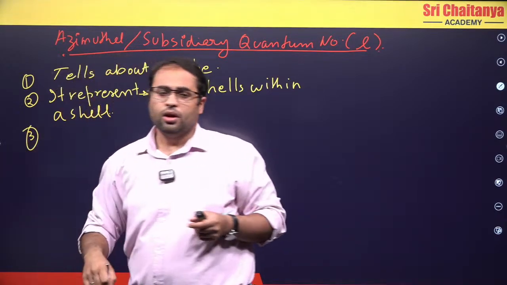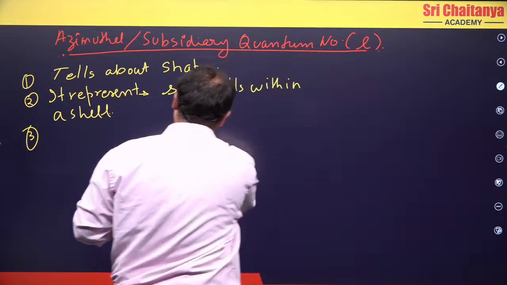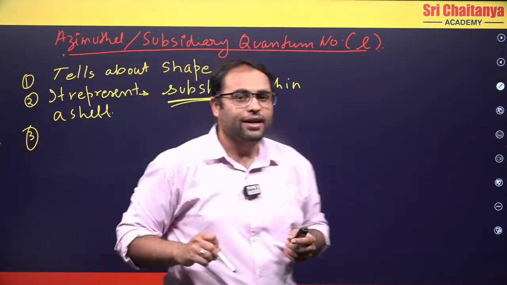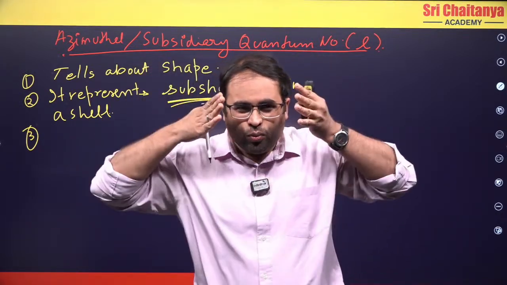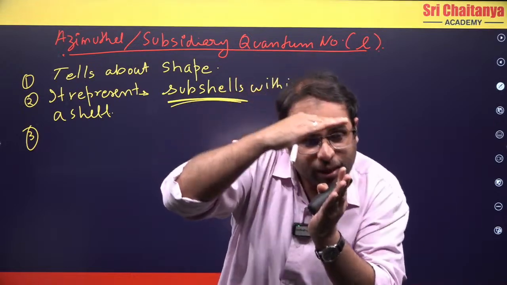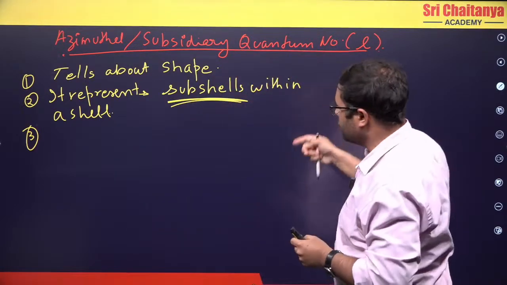Third, so subshell, yes, now I'm talking about subshells. There was a shell, you moved in with the microscope, checked, and there are some more lines there. So these are called subshells.